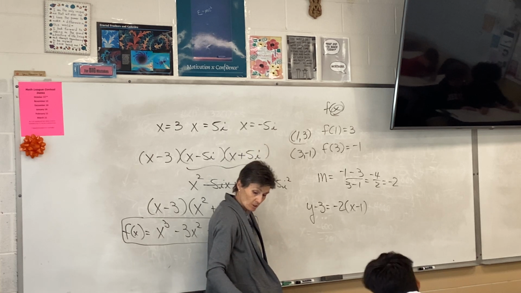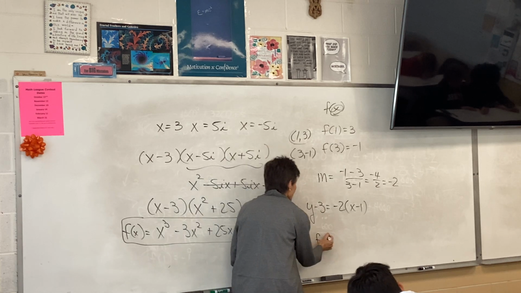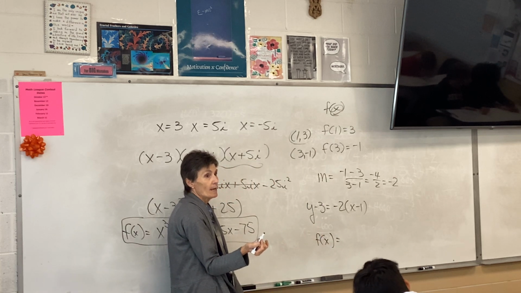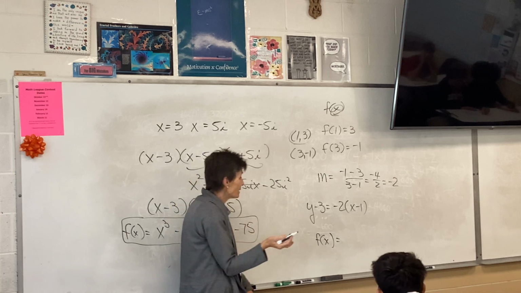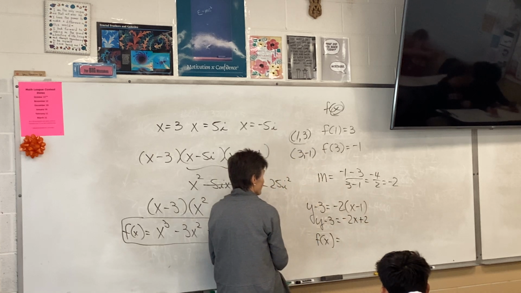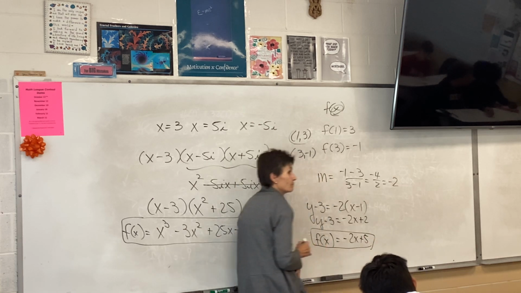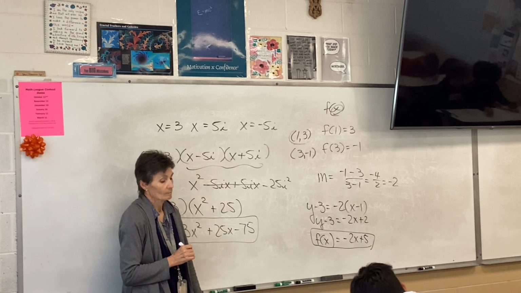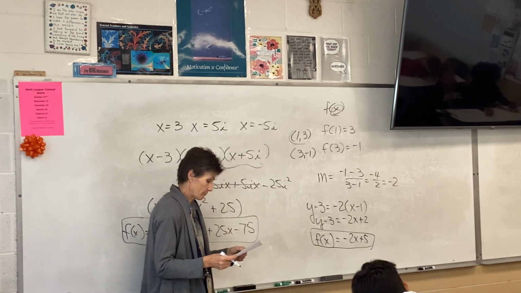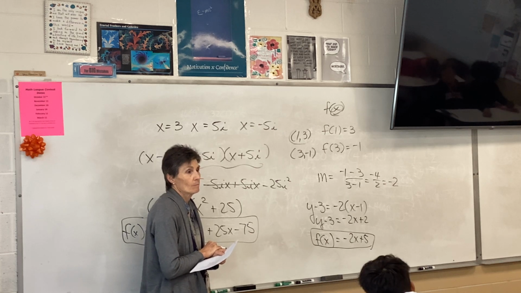Now, because the directions stipulate linear function, I'm gonna have my answer be f of x equals, because it says write a function. F of x is the same as y, so I need to get y by itself. So I'll distribute, and I got -2x plus 5. Is that okay with everybody? Got it?